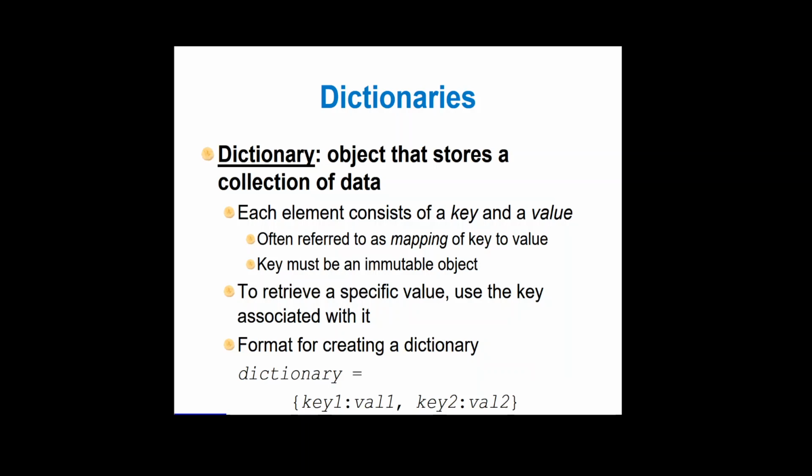Literals, for example, any literal thing that we have, it could be an integer, it could be a float, it could be a string literal, or it could also be a tuple. So one of these can be the key.